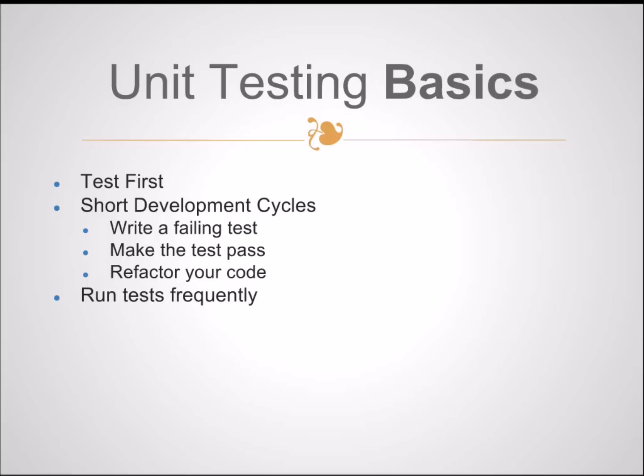This is sometimes called red-green refactor, because in most of the unit testing libraries, when a test fails, it puts red text or something on your screen, something red. And then when the test passes, it's green, and then we refactor. So red-green refactor is kind of one of those touch points for this kind of programming.